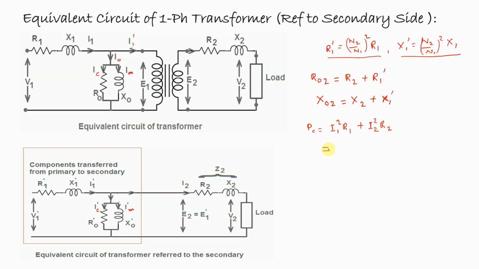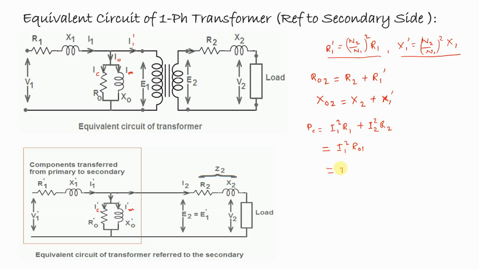But if you want to find the copper loss in terms of the primary value, we can write it as I1 square into R01. Here R01 is the total equivalent resistance of the transformer referred to primary side. And if it is multiplied by I1 square, it will give the total copper loss.